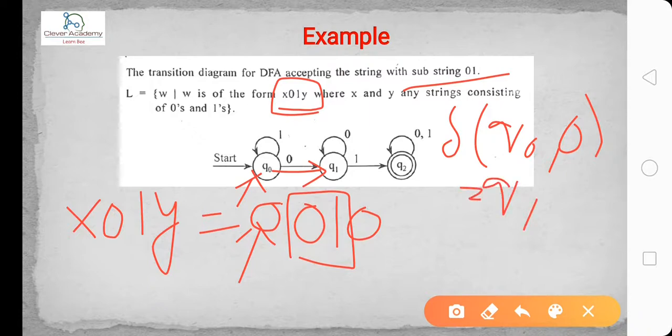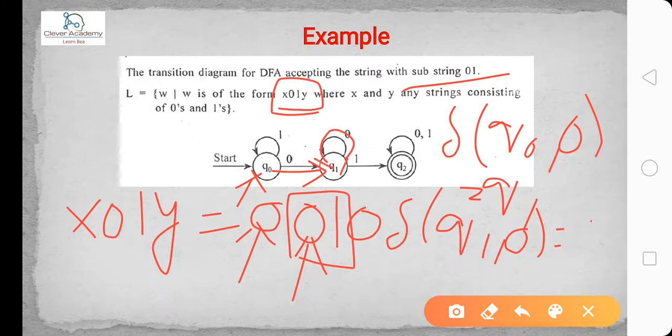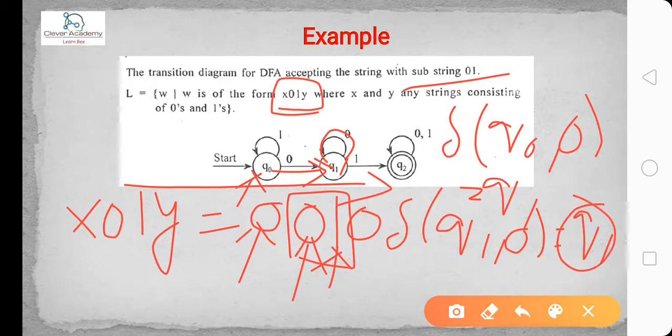Now delta of q1 comma the next symbol 0 is q1 itself. I am reading an input tape, which, as we discussed in the introduction, moves from left to right. Now I am on q1 and the next element I want to read is 1.